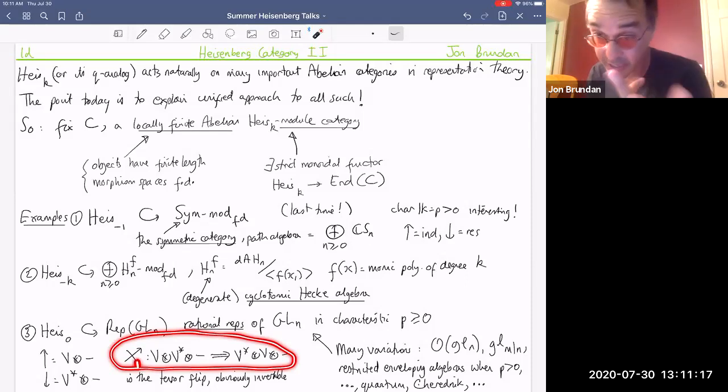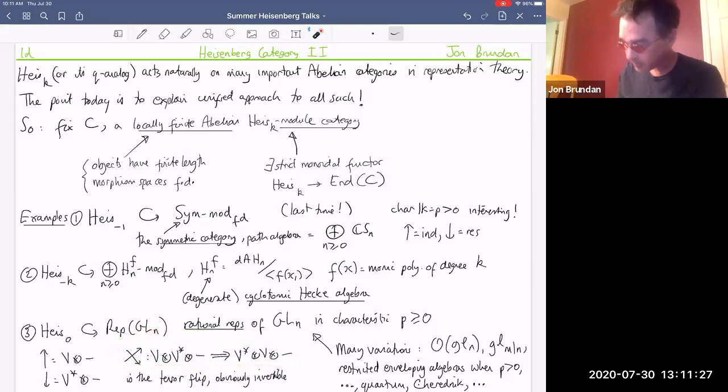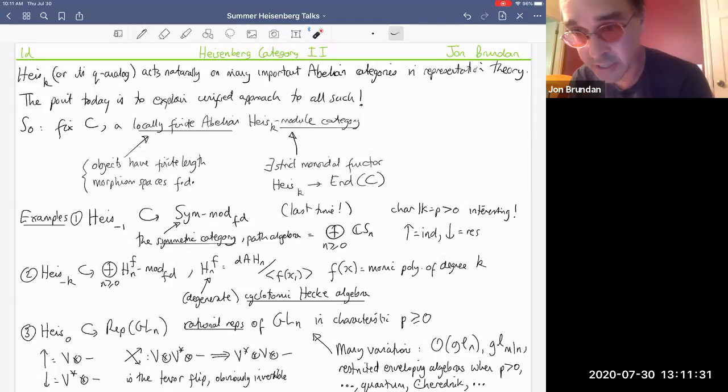It's just the obvious tensor flip, which is of course invertible. That's how on the surface this Heisenberg action is in central charge 0. I didn't write it down, but the dot morphism in this case, that acts as the Casimir tensor. So it's kind of something rather natural that you have sitting there.